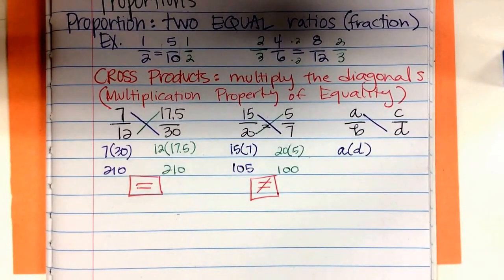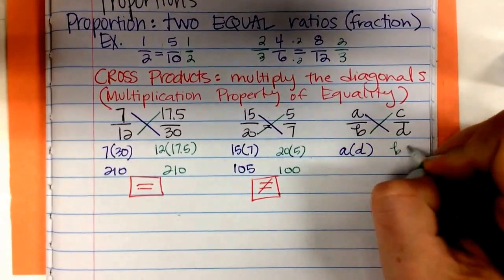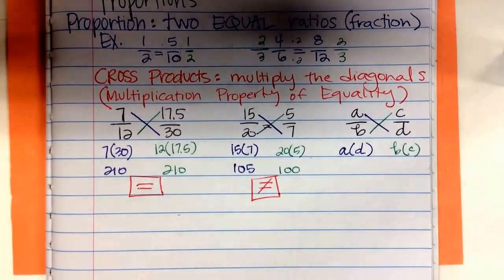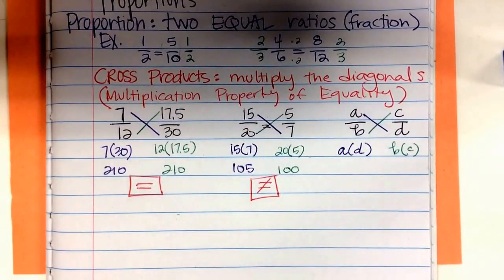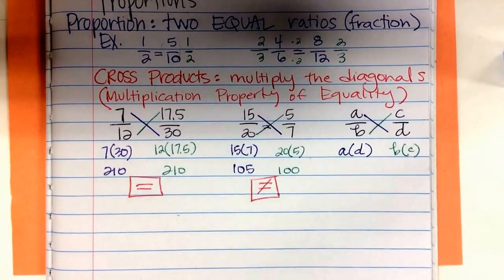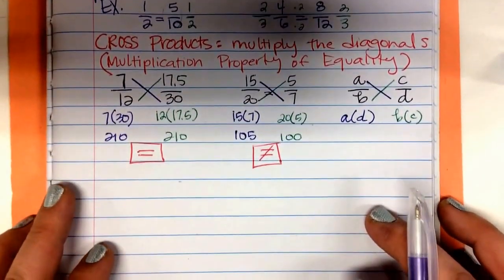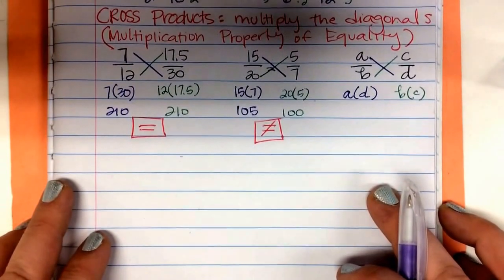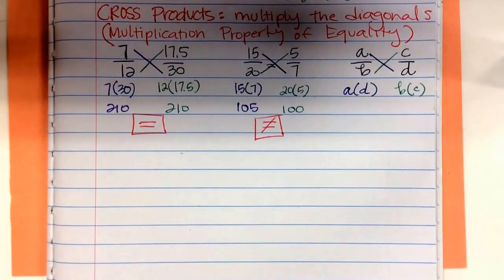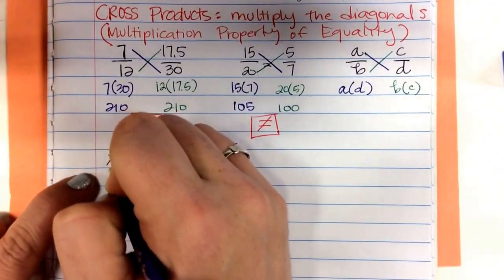What else are you going to do? B times c. And if they're equal, it's a proportion. If they're not equal, it's not a proportion. Okay, so that seems pretty easy, right? Let's try this.